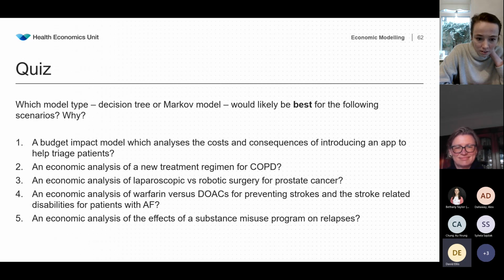That's why I chose decision tree for that one. Anybody that put Markov model want to say why they chose Markov model? Chris's answer is slightly different again. So we're going to come back to this in 1 minute, and I'll go through what I put as my answers.